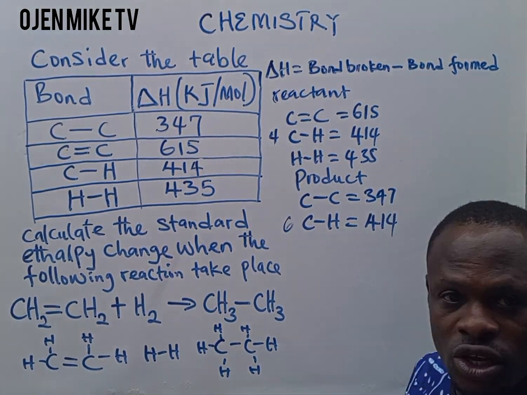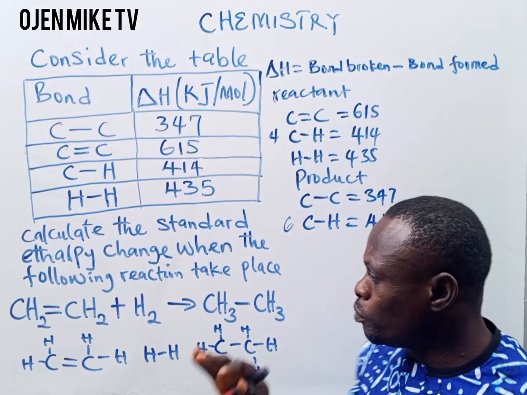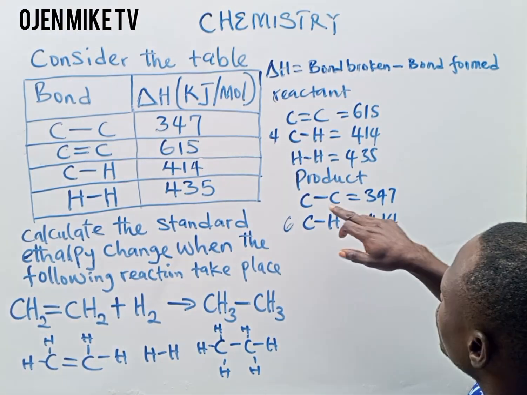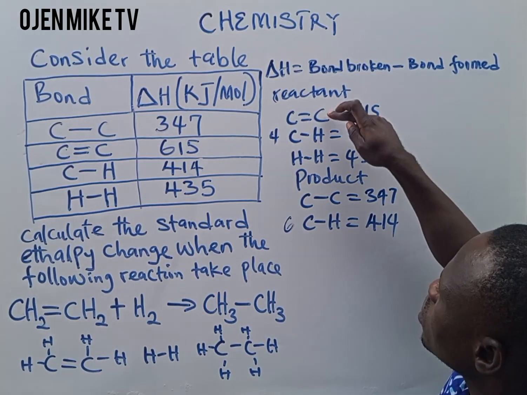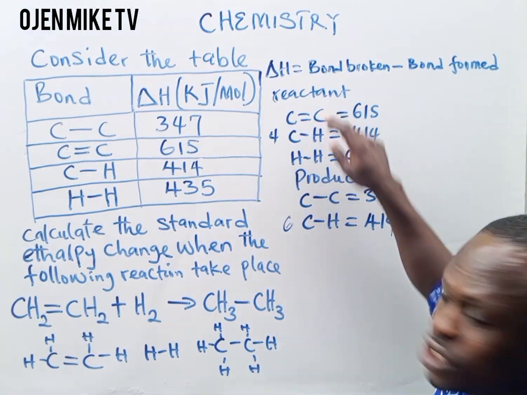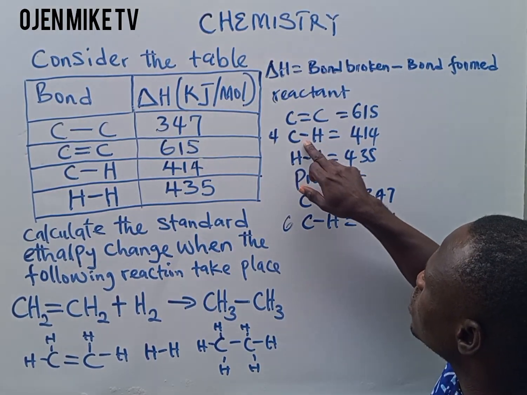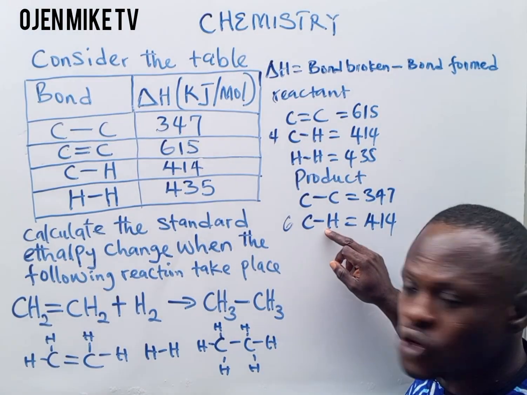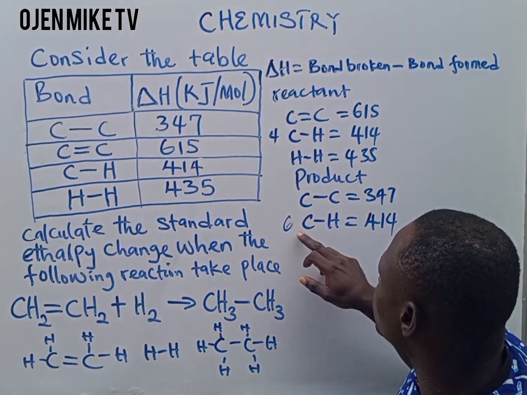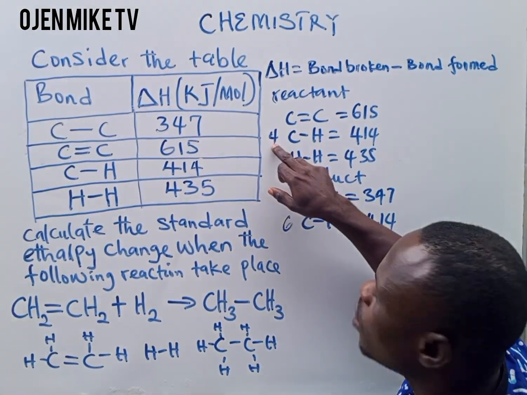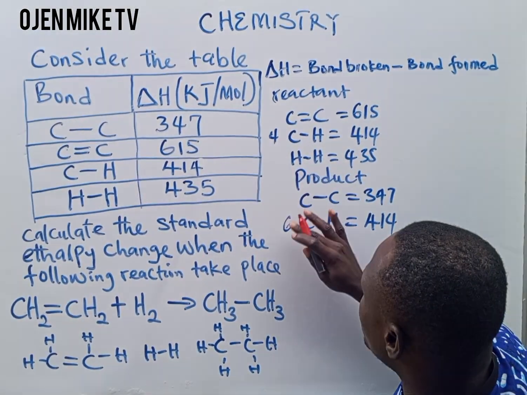6 hydrogen atoms. So you look at both the product and the reactant, and the ones that are similar you cancel. Here C-C is not similar to the C double bond, so this one is free. Now go to C-H. C-H here and C-H here are similar. Here it is 6 and here it is 4, so we minus 4 from 6, which gives 2.